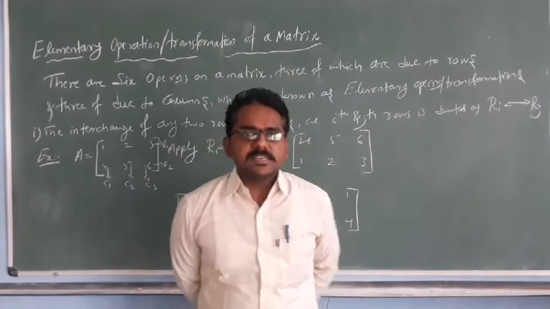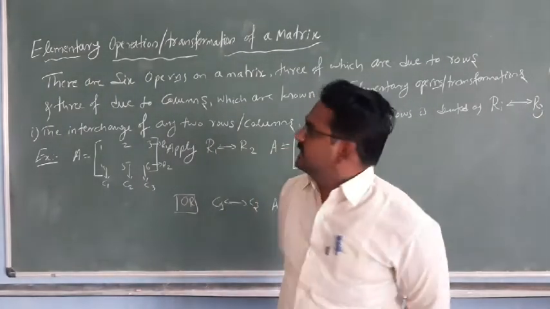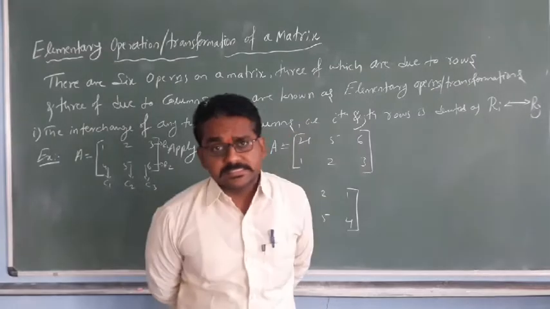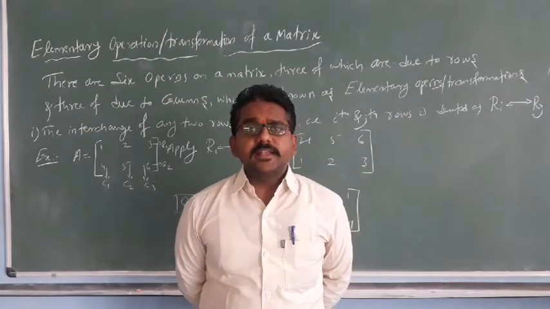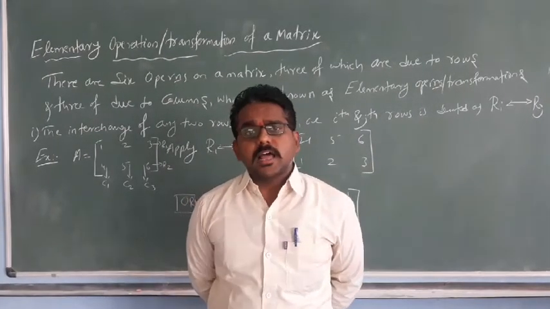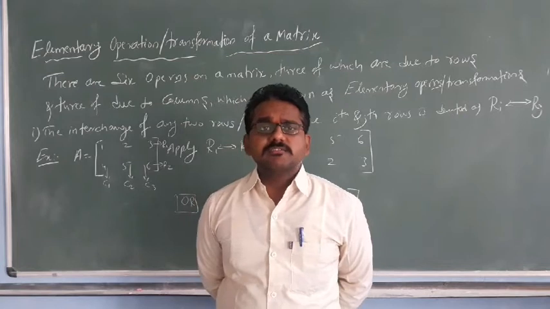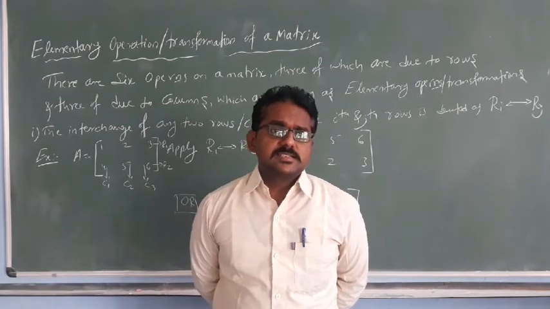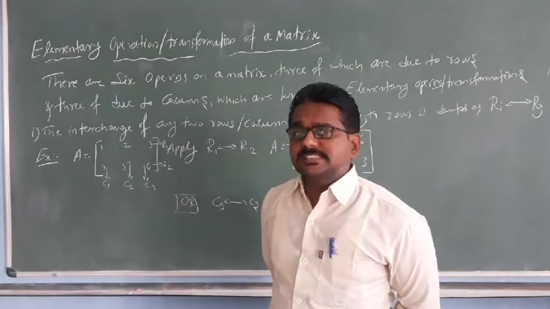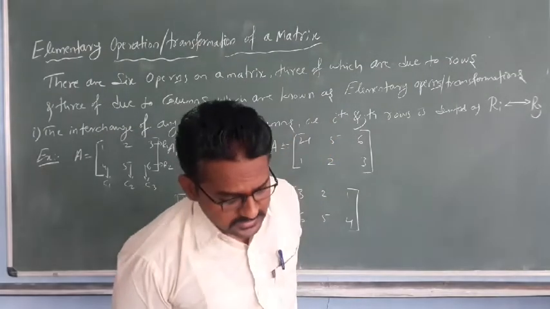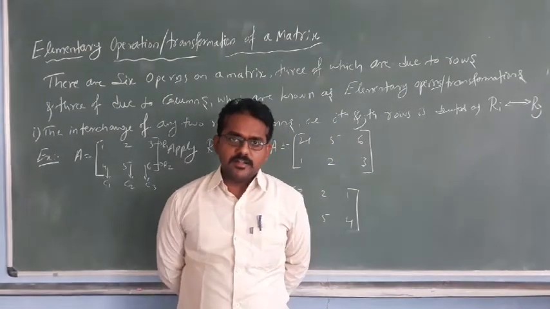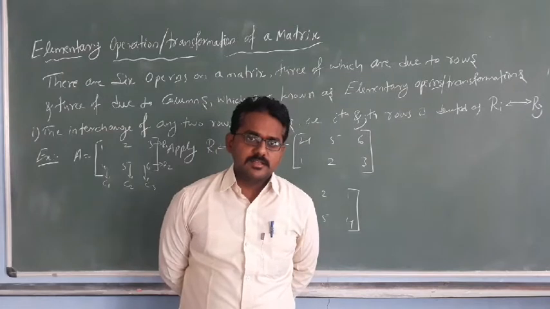Today we will start a new concept in the chapter Matrices, that is, elementary operations or transformations of a given matrix. There are totally 6 operations or transformations that can be done on a matrix.